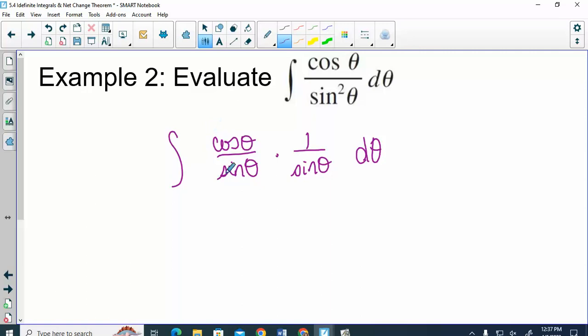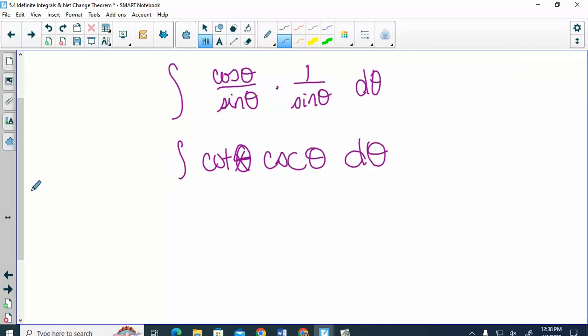Do you guys agree that this is the same as cosine over sine squared? What is cosine over sine? What is 1 over sine? Okay, it's still a product, but do I know of anything that has a derivative of cosecant theta cotangent theta?